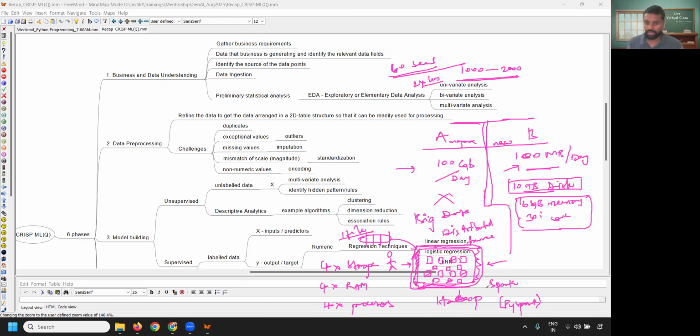Like MapReduce is one such framework, which is part of Hadoop. It's a component of Hadoop which allows us to process the data. But people started leveraging PySpark or Spark for processing this kind of data, which is partitioned and stored in different machines.